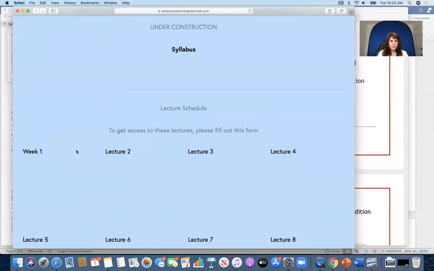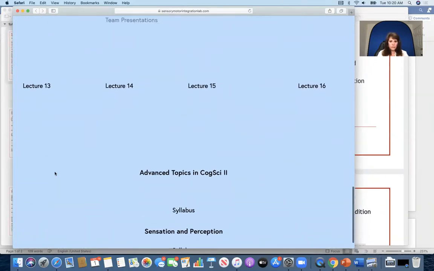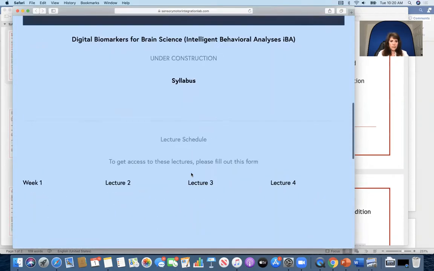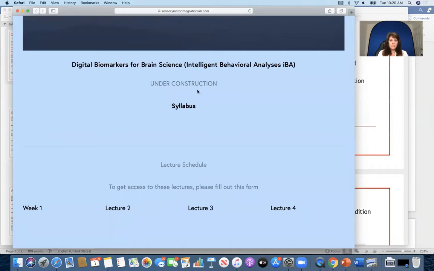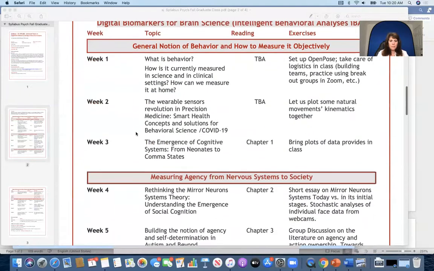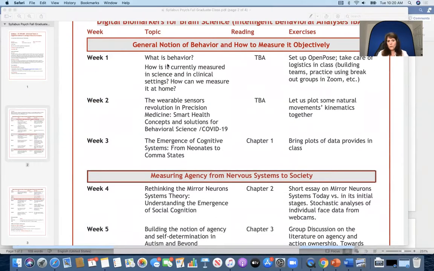So today is just the introductory lecture and so forth. You can already see the syllabus in here, and that will be our means to communicate. Roughly, we will go over general concepts of what is behavior and how we measure it currently, and so on. Set up all the logistics of the class, or the tools that we need.